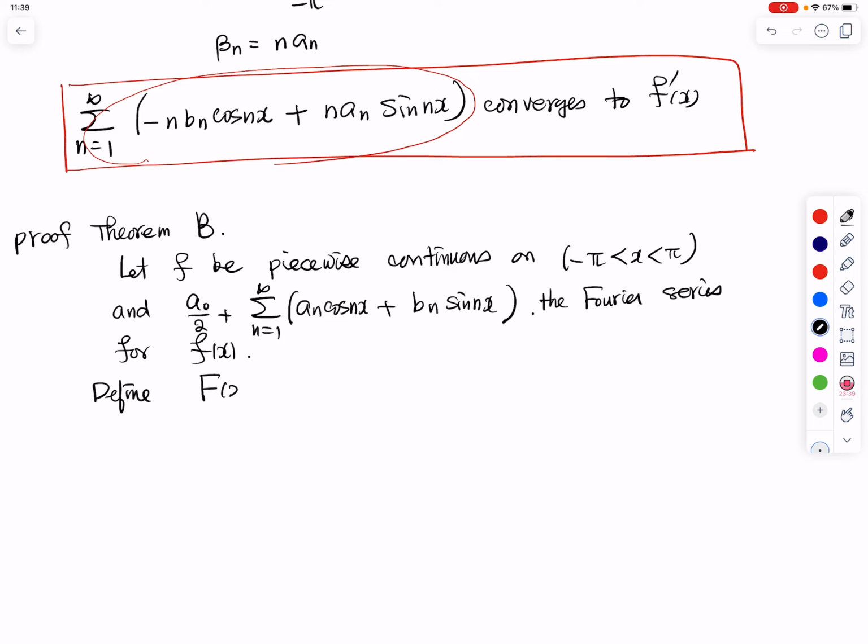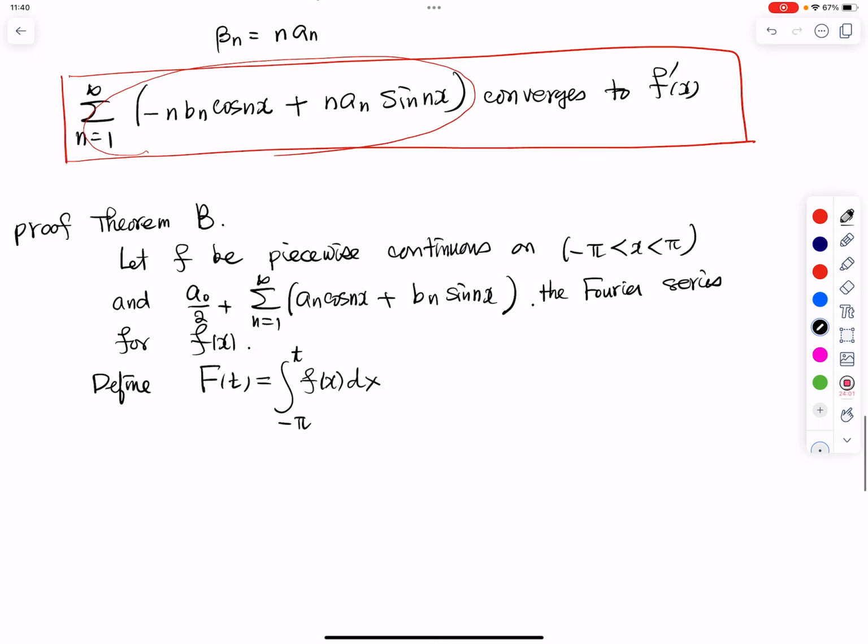Now I'm going to define large F of x to be the integral from minus pi to, let me change, let's say t, f of x dx. So let's define it like this. Okay, then what you can see is that since f is piecewise continuous, F is actually a continuous function.